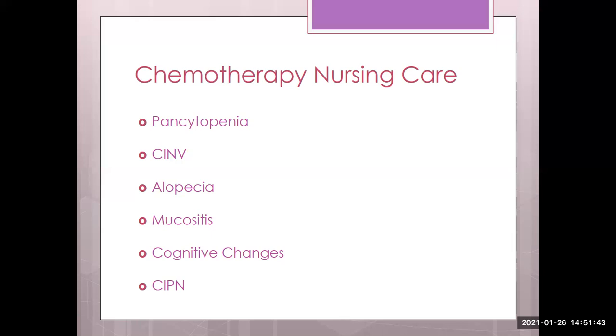Avoid anything rectal. So no rectal temperatures, no rectal suppositories, because there's a risk for bleeding. There's also a risk for infection because of that trauma. So that one's kind of twofold. They should watch for signs of excessive bruising.